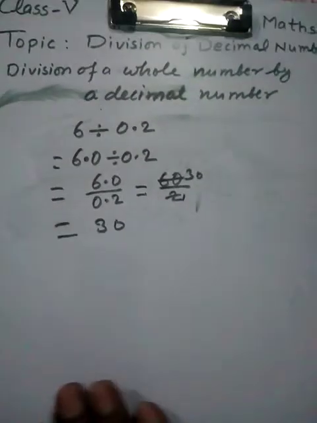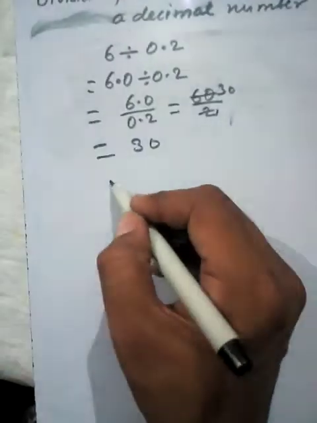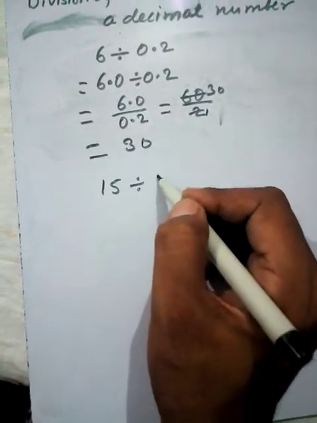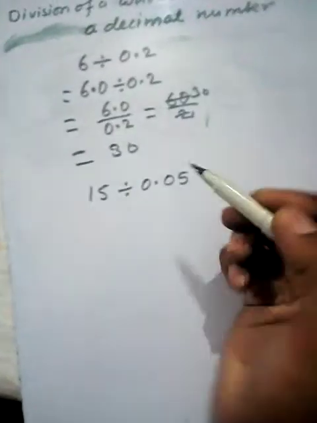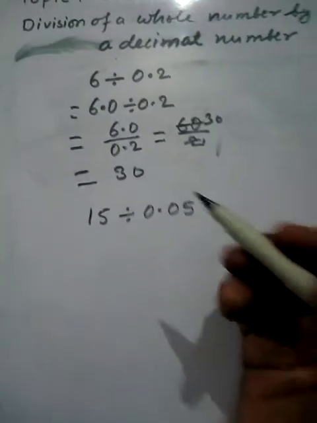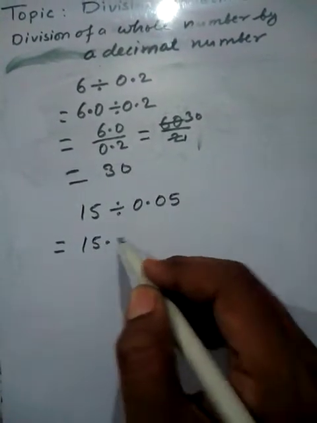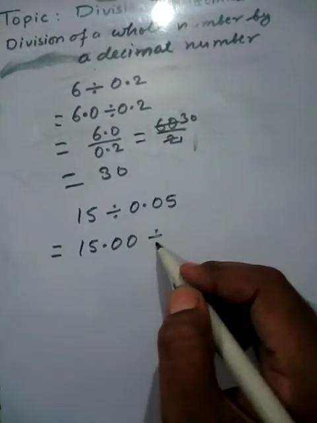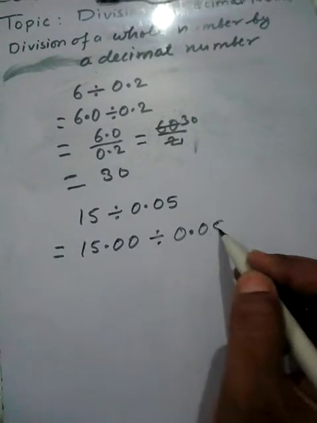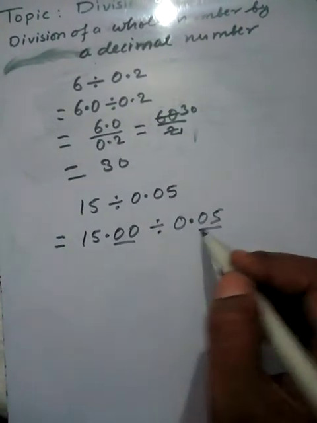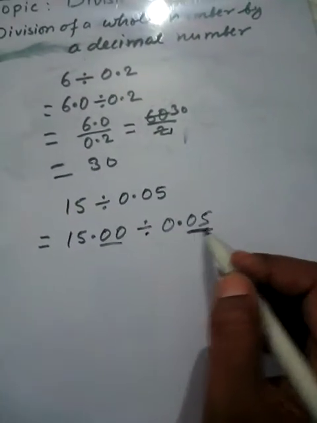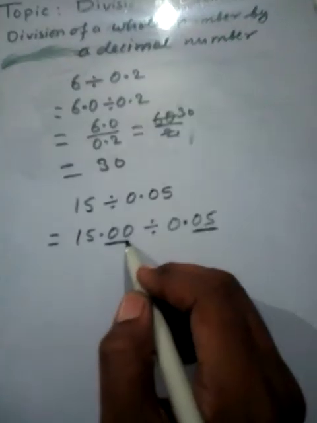I am taking another example, 15 divided by 0.05. So you can write it again as like decimals, 15.00 divided by 0.05, because here two places are there on the decimal side, so you have to put two zeros.